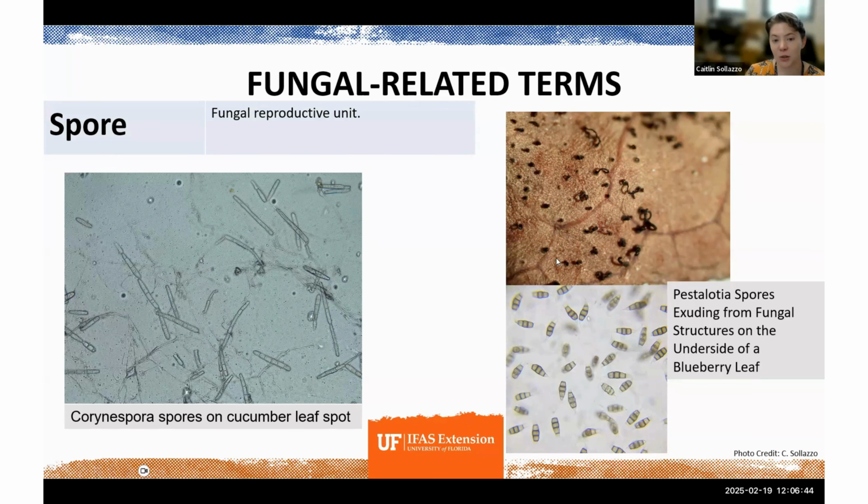And then here is a zoomed in picture of a leaf spot on a blueberry leaf. And you see all these little black structures, which by the way, have their own name. They're called pycnidia. So these structures all have massive amounts of spores just being produced, and they exude out of them into these little noodle type things, almost looks like an ingrown hair in a way. And so this is just masses of thousands of spores.